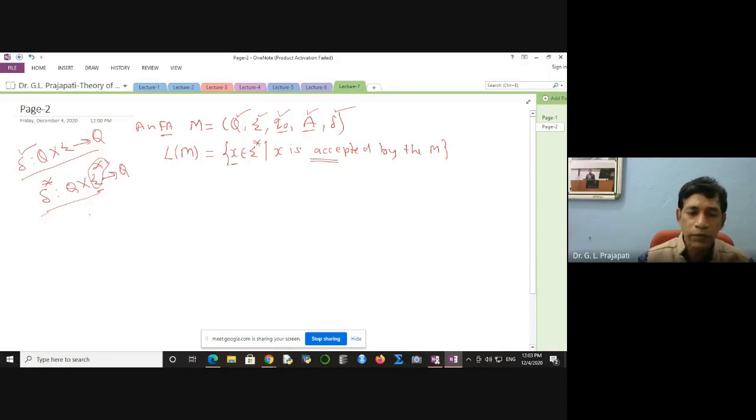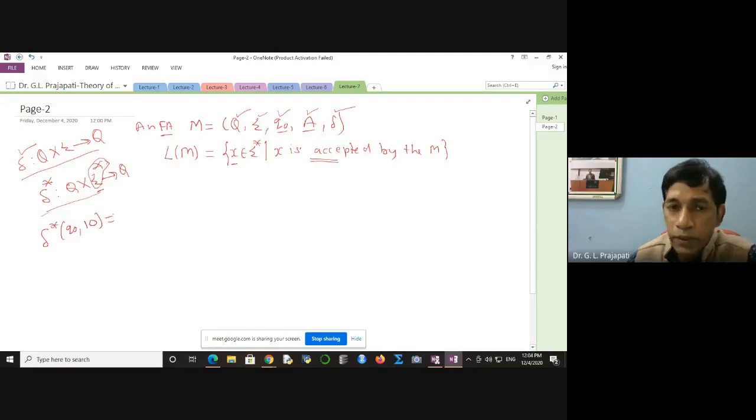And we come to know that once we receive the input string, then what state we are going to move to. Somebody says you are in the state q0, and you are going to give 10, for example. So what is the output?